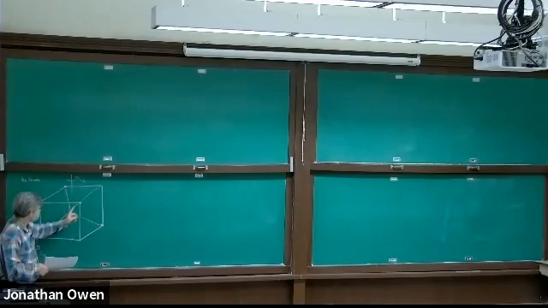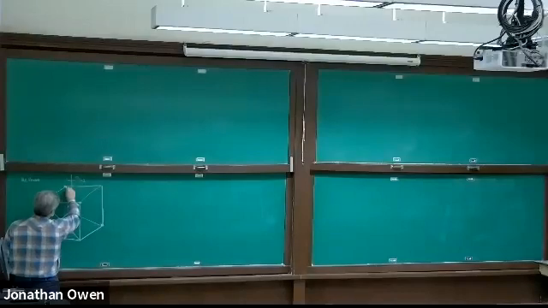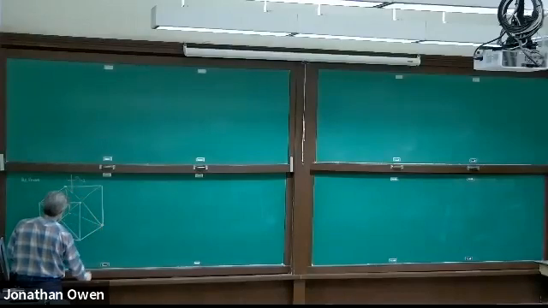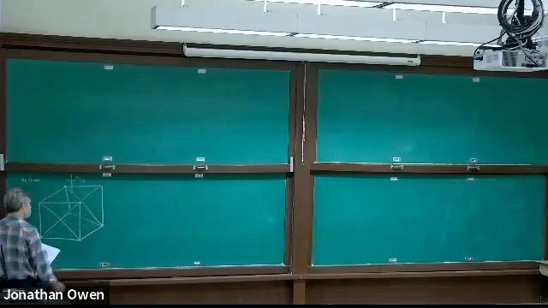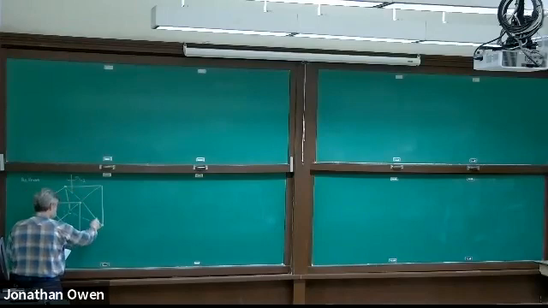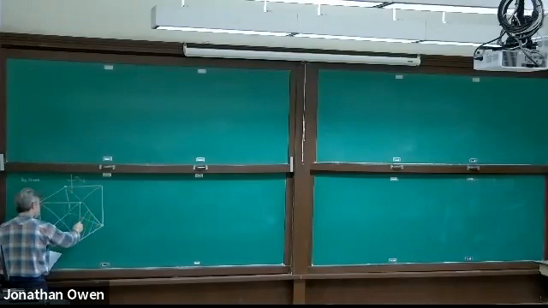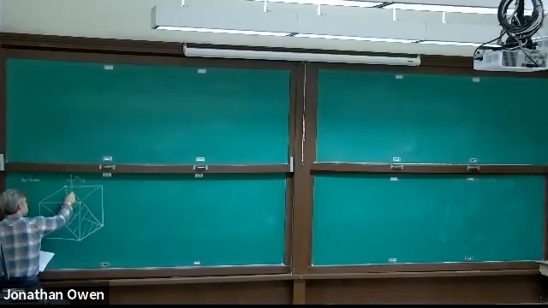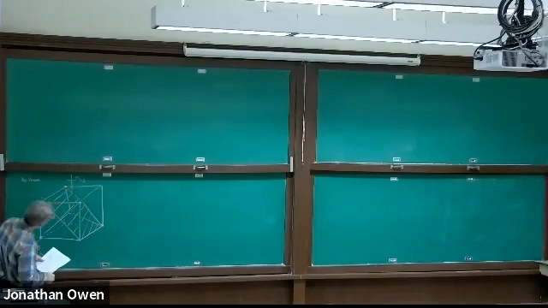You can either reflect those two, or these two, or these two, or those two, depending upon where you put them. So let's draw one here. There's a plane right there. A little messy looking. Sigma d.